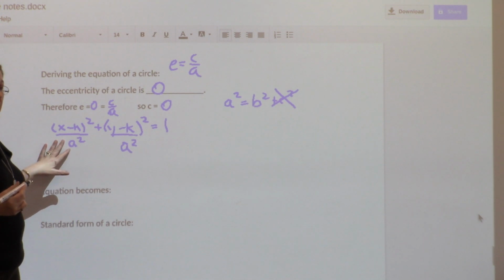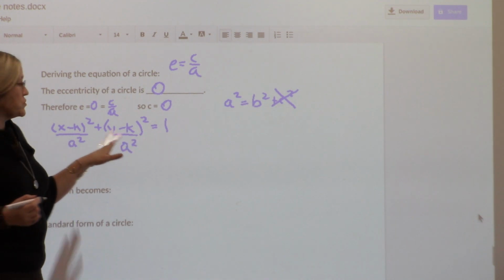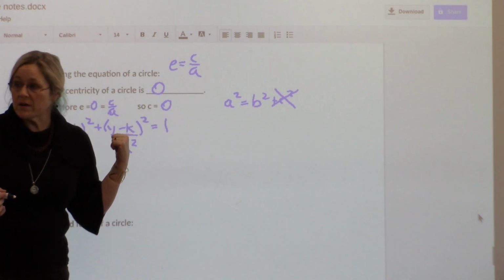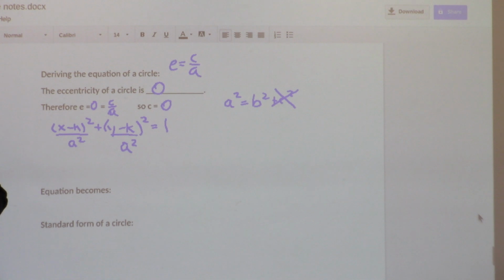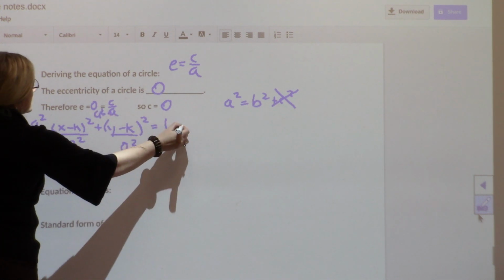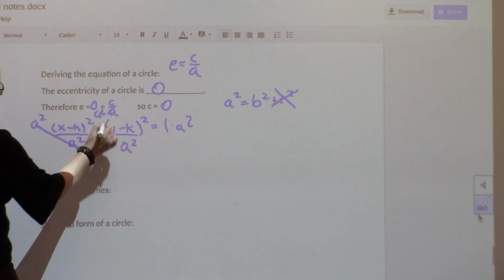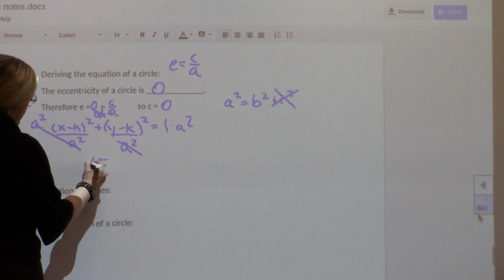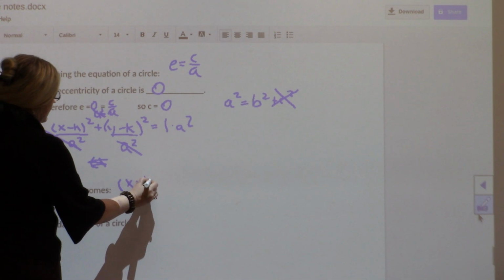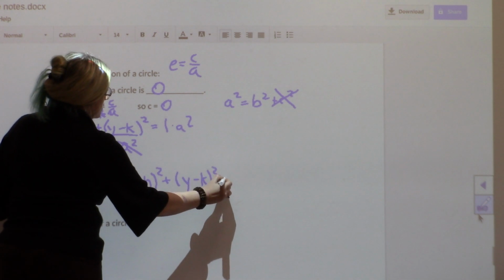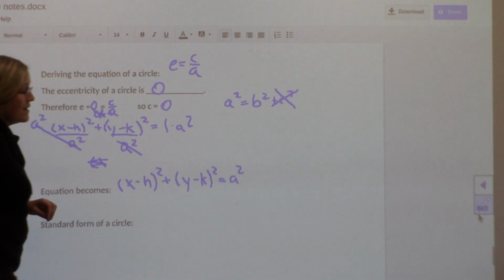Now, if we want this in the right form, we don't have anything at the bottom here, do we? So how can I get rid of the a squared down there in the denominator? Multiply everything through by a squared. That goes, and so we're left with (x minus h) squared plus (y minus k) squared equals a squared.